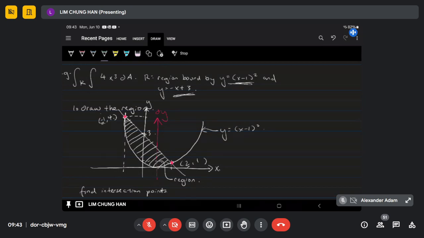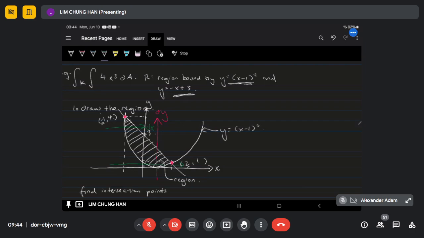If I want to do dx first, I go here, I have one set of limits. I go through the bottom, here I have another set of limits. Correct? Because if I go through the top, I hit the parabola and then I hit the straight line. If I go through the bottom, I hit the parabola and then I hit the parabola again. Do you see the problem?